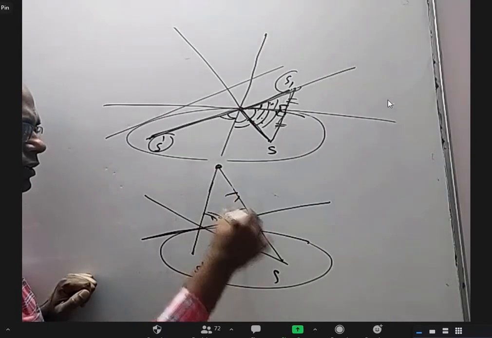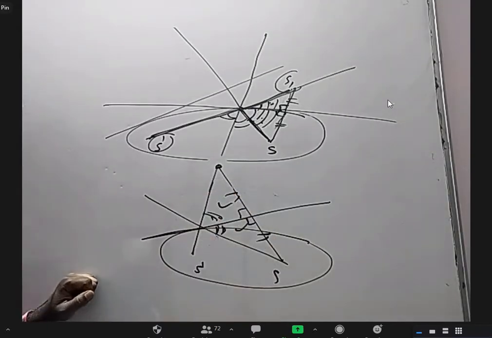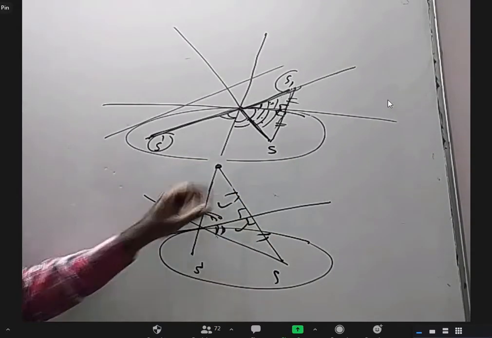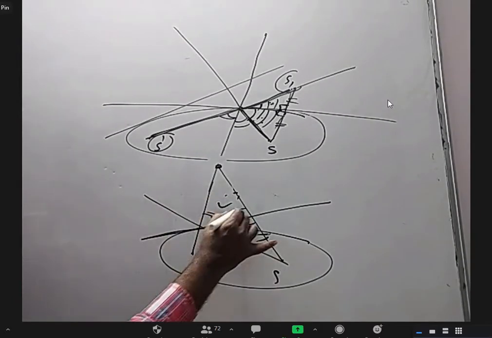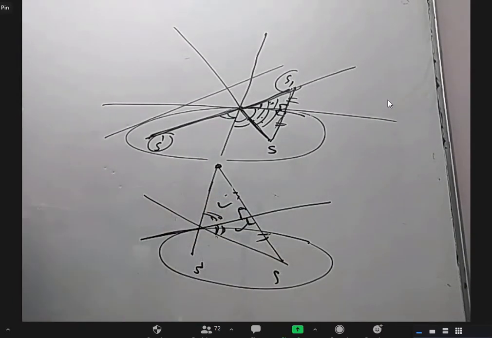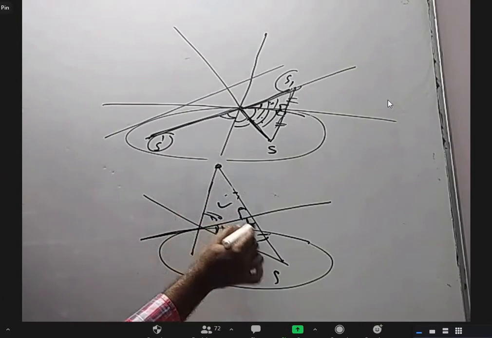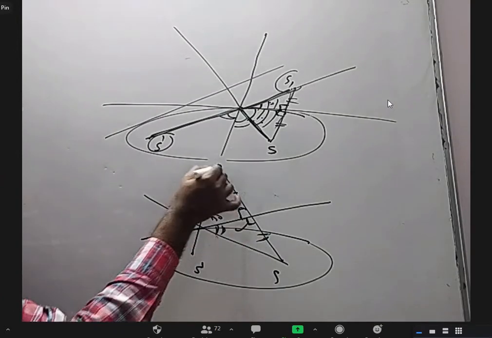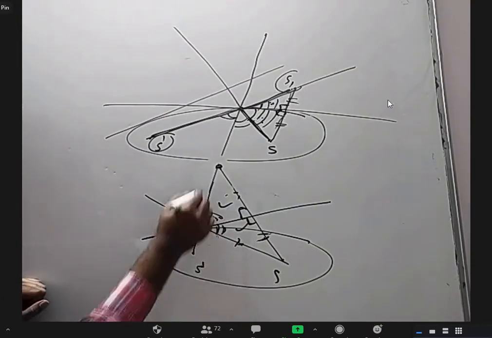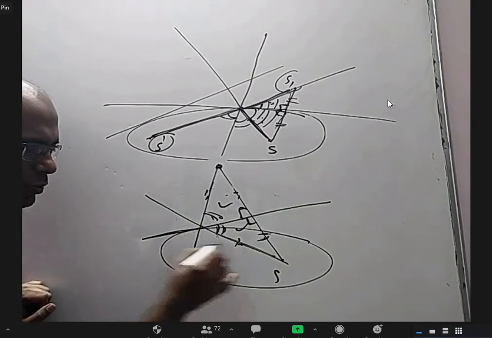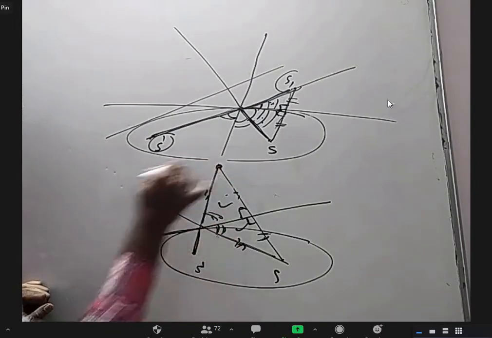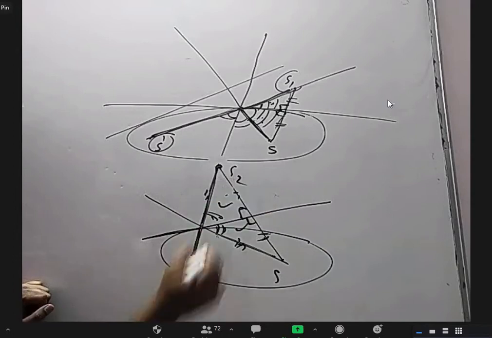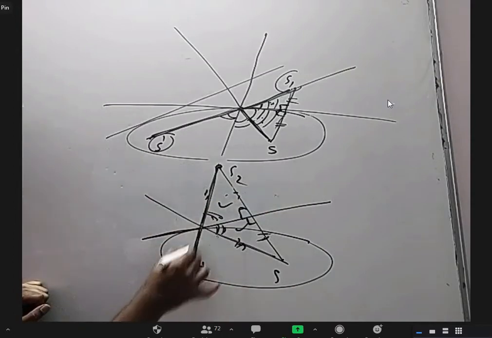This is 90, 90, these two lengths are equal, these two are congruent triangles. Even if I don't take congruence, if I just take 90, it is possible to prove that these two are equal, so it should lie on this. And this length is the same as this. Again, this plus this is 2A, so this is S2, the image of S with respect to some other tangent, again it is 2A.